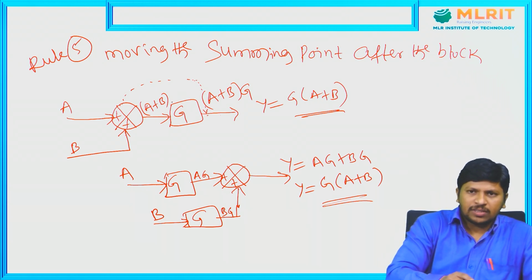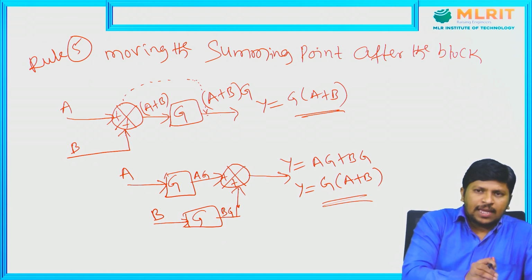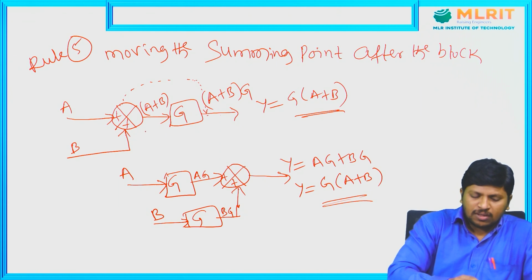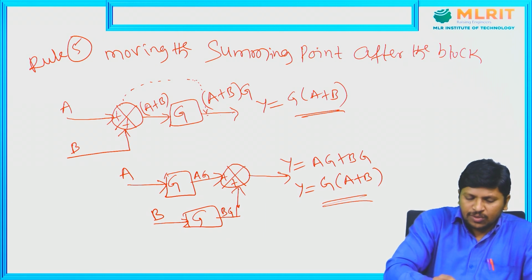The value in the block will be the same as adding in the summing point. Which summing point are we going to move? That summing point just adds with the block value. Just observe here: the summing point input signal is B. I am going to shift this one to here.